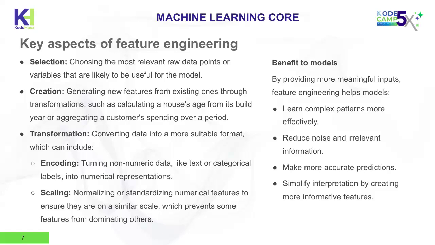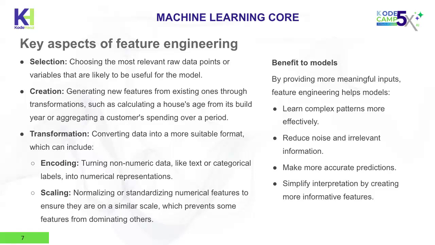By calculating the age from the date of completion of that house. So that's a good example of creation. So you always look for opportunities to, okay, can I transform this feature into another shape or form that has a higher impact or relevance to what I'm trying to predict.